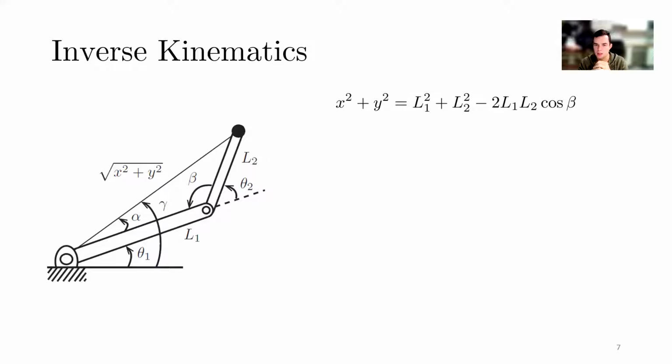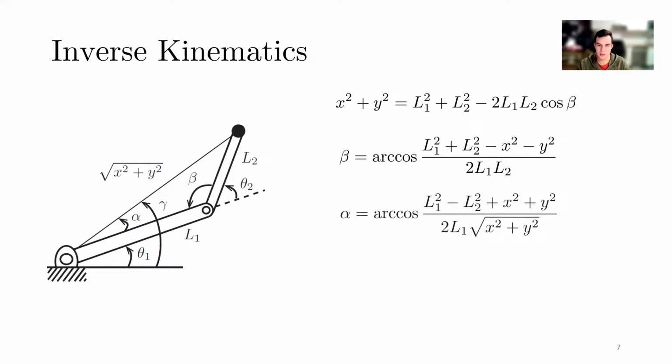the cosine law. Here, if we want to calculate x squared plus y squared, it equals L1 squared plus L2 squared minus 2 times L1 times L2 times the cosine of this angle beta. Then we can derive from here the value for beta.